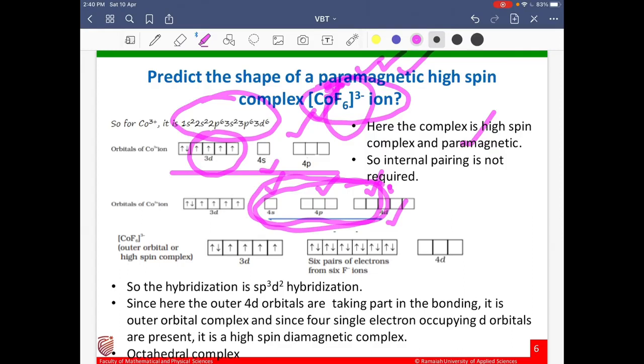Here the hybridization is sp3d2, since the outer 4d orbitals are taking part in the bonding, so it is an outer orbital complex. Since you can see 4 singly occupied d orbitals are present, it is a high spin paramagnetic complex. Sorry, it's not diamagnetic, it's the paramagnetic complex.